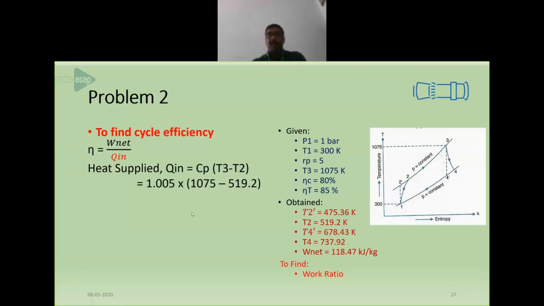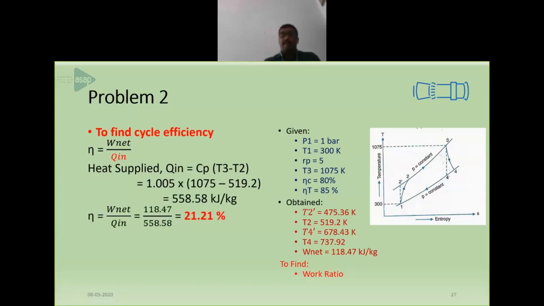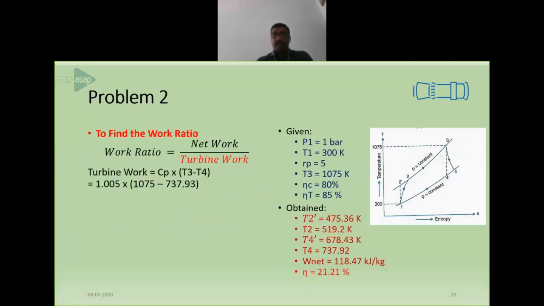T3 and T2 are known to you, so you will finally get 558.58. So the efficiency is W net, 118.47, divided by 558.58, so it is 21.21%.